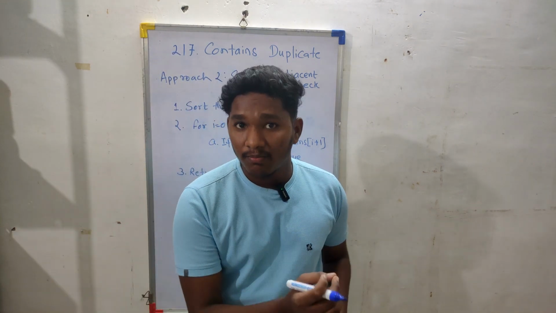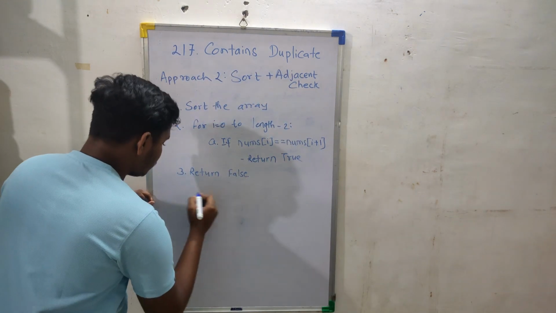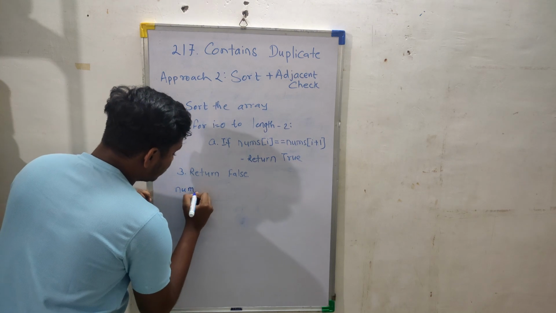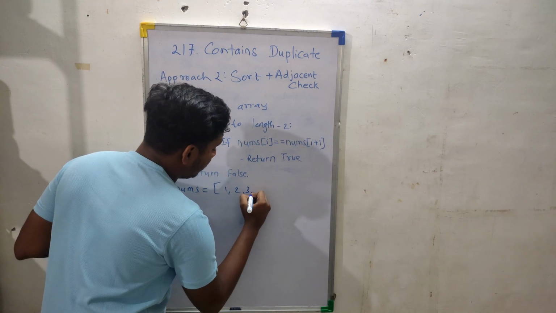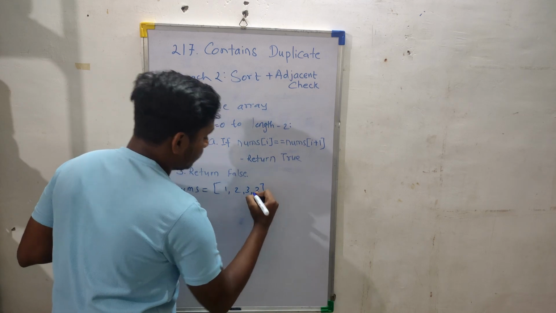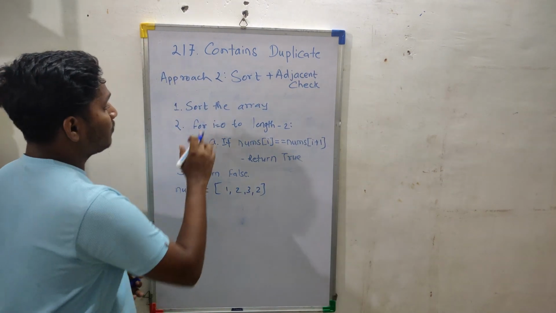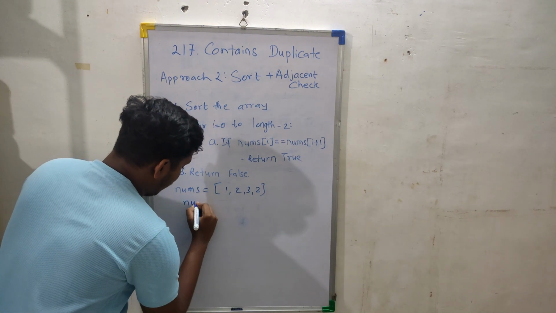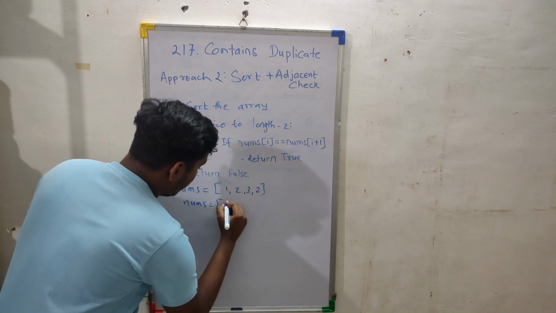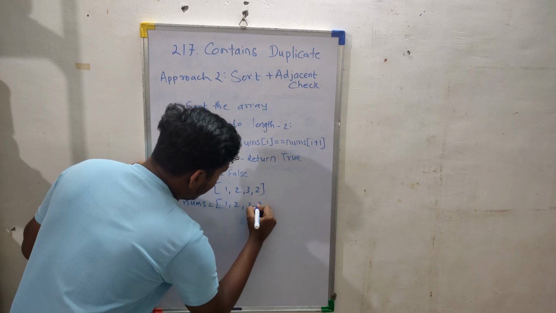So let's see an example of this approach. We have a nums array which contains values 1, 2, 3, 2. In the first step we sort the array. After sorting, our array becomes 1, 2, 2, 3.